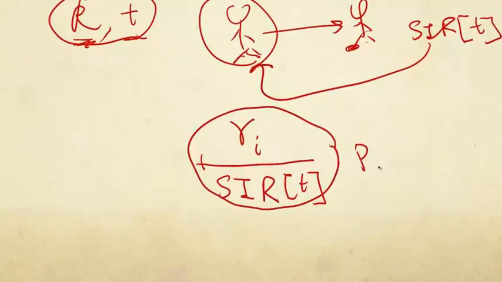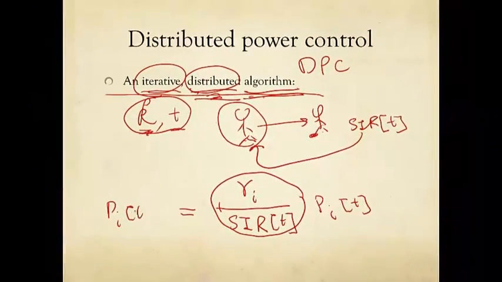I'm going to multiply my current transmit power at time t by this ratio, and that will be my transmit power at the next discrete time t plus 1. And this is true for all the pairs i. So we use this notation, for all i. And that's it. This is DPC.